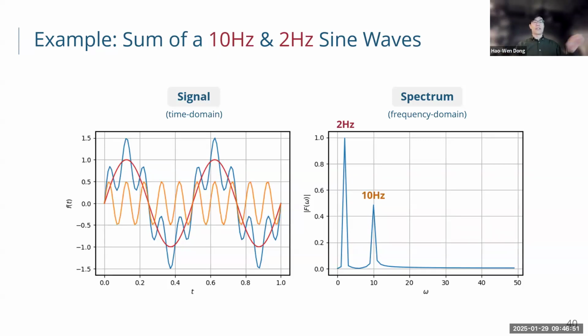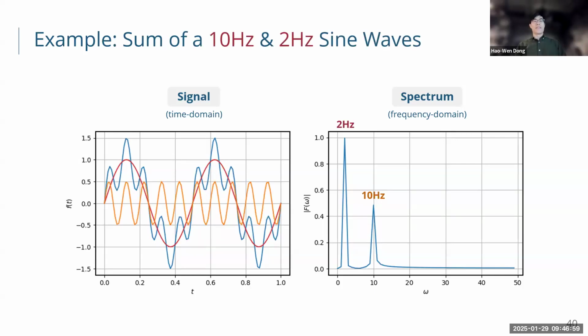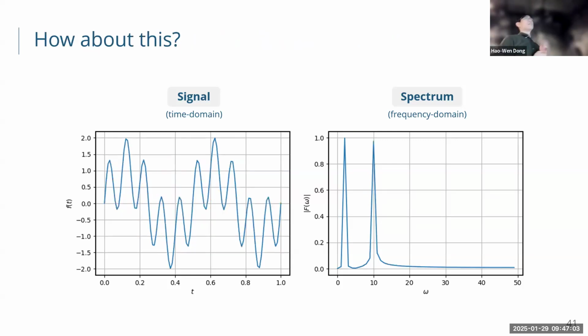And then you have this 10 hertz component of it. So again, this is different from this in that, if the 10 hertz component is much stronger, then the waveform becomes much harder to see what the internal frequency is.